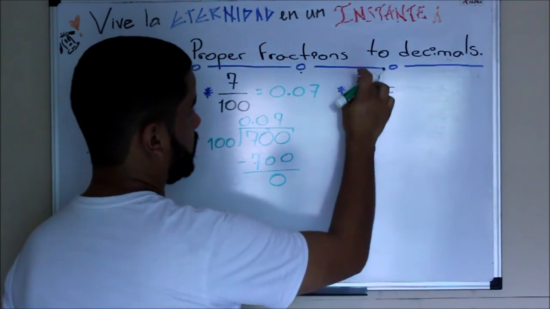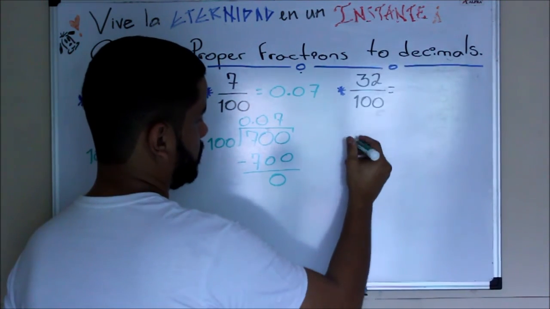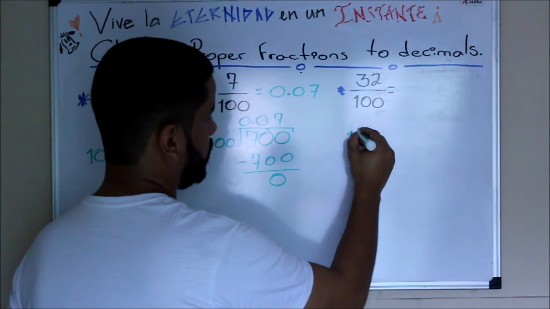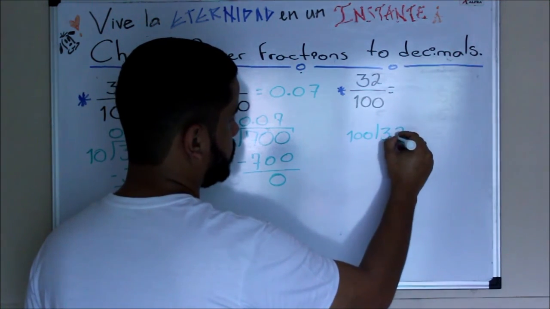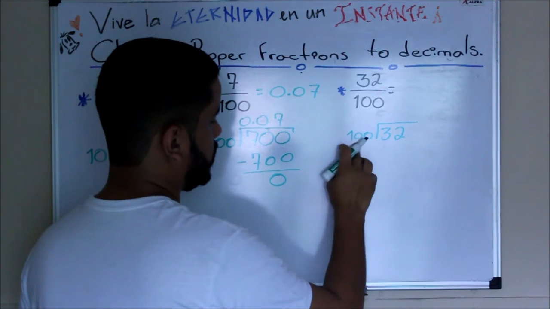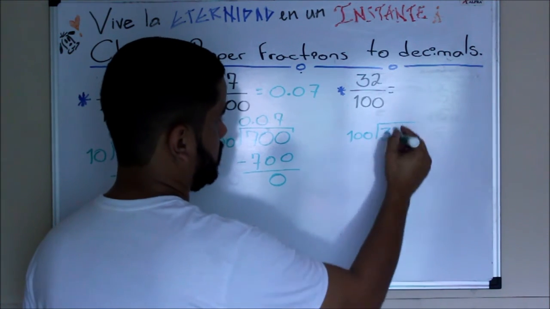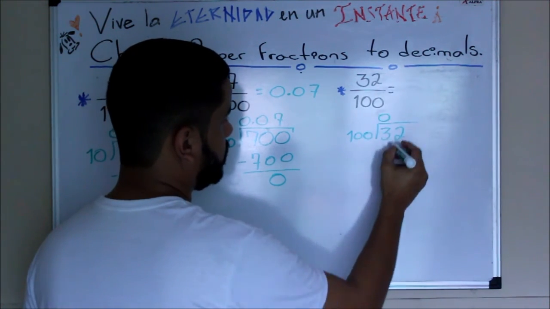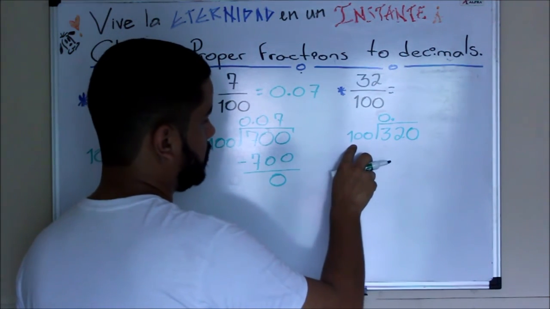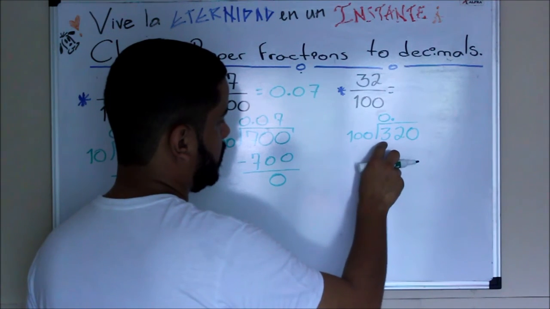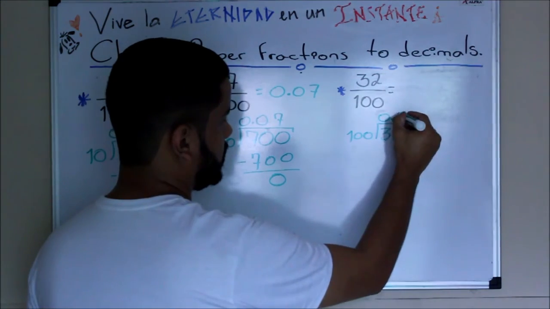Now let's see this one, 32 over 100. Again, we're going to take out our 100, like that, and inside we're going to have 32. How many times does 100 fit on 32? None. So we're going to write here a 0 point, and we add here the 0. How many times does 100 fit on 320? Fit 3 times.